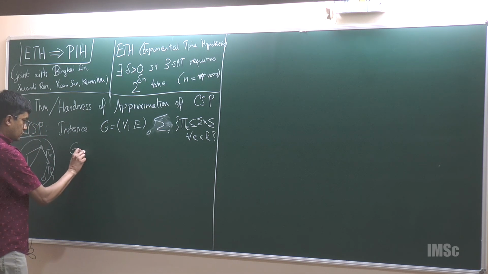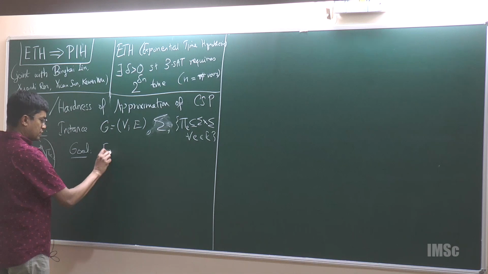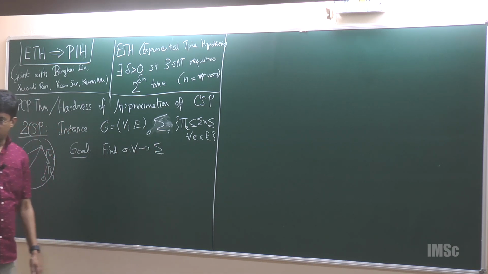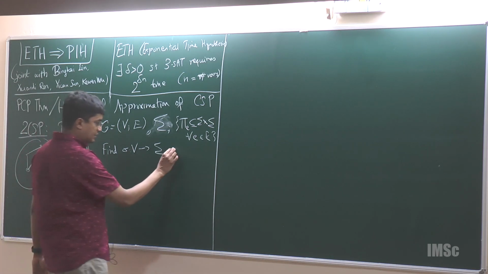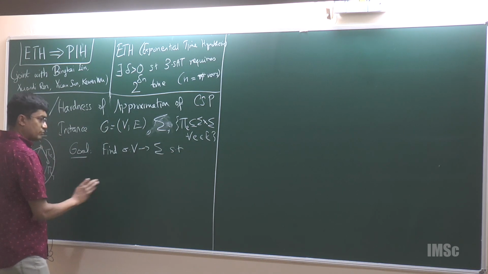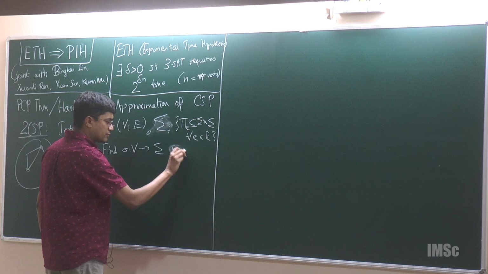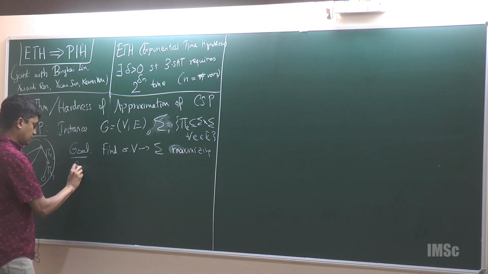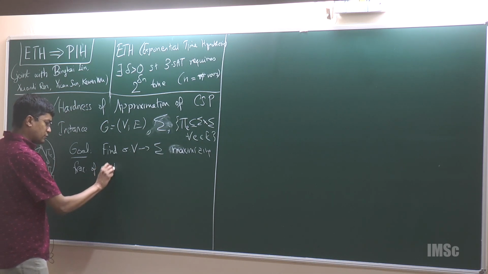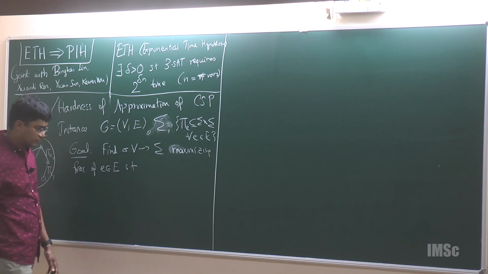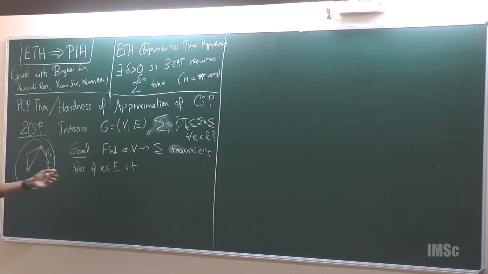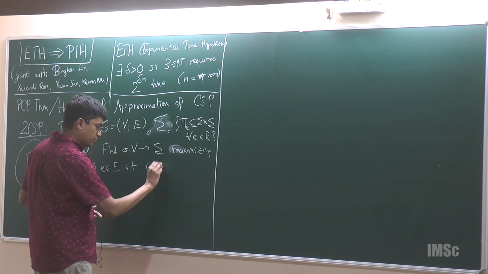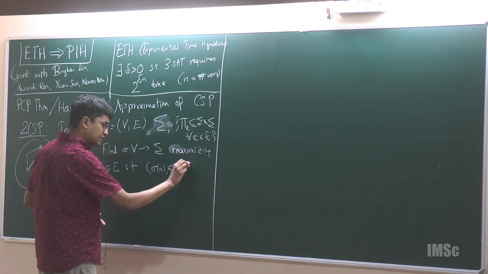The goal is to find an assignment sigma from V to sigma maximizing the fraction of edges such that, as you can imagine, the two values given belong to the relation. So (sigma(u), sigma(v)) is in pi_E.